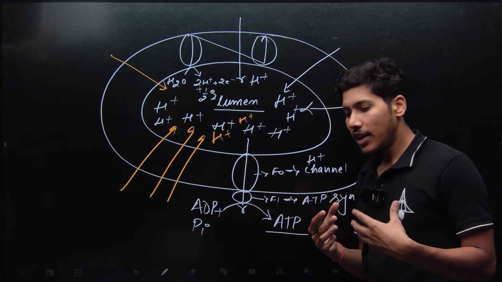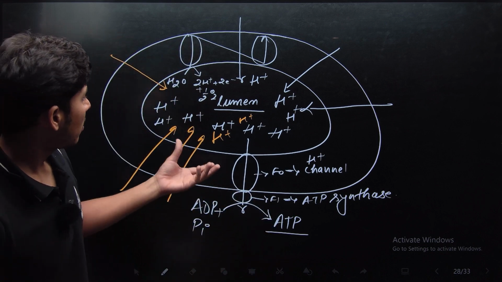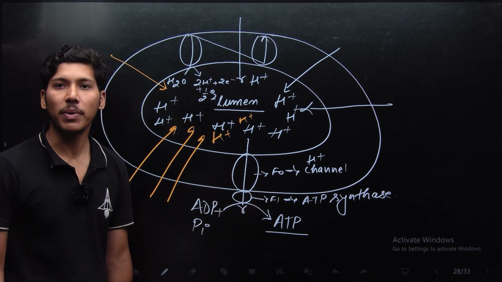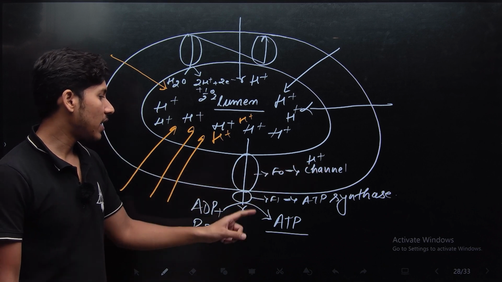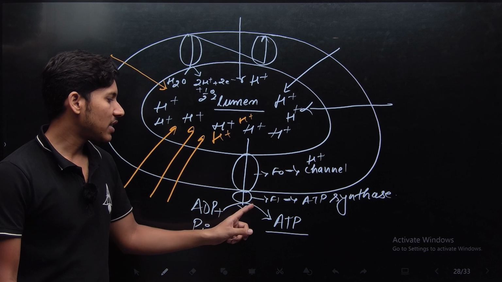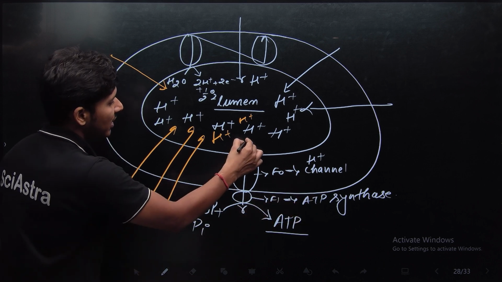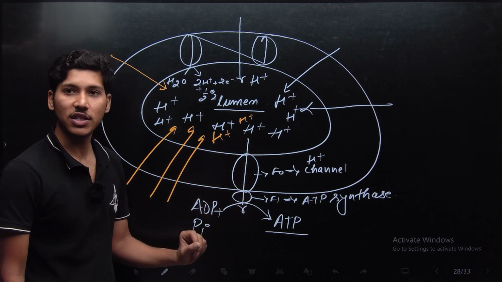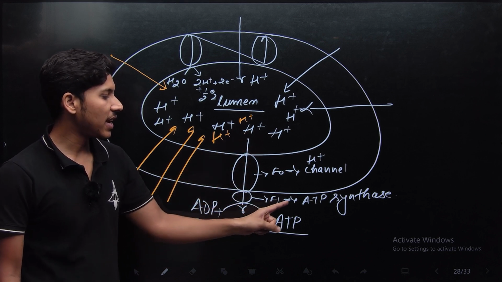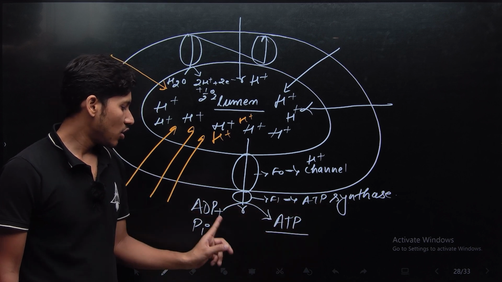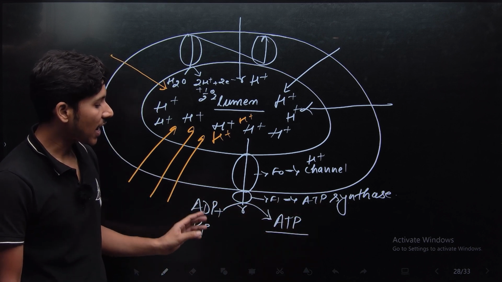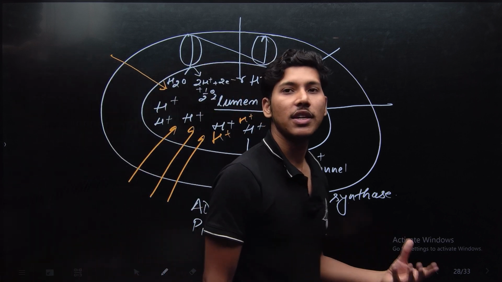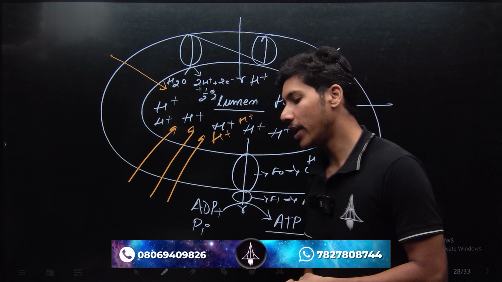And it actually wants to break this gradient, and it is broken down by the complex known as the F0 F1 complex. F0 is a channel protein, and F1 is an ATP synthase. So H plus starts to move through this F0 F1 system and activates the ATP synthase activity of F1, which starts to produce ATP utilizing ADP and phosphates present on the stroma side of your thylakoid.